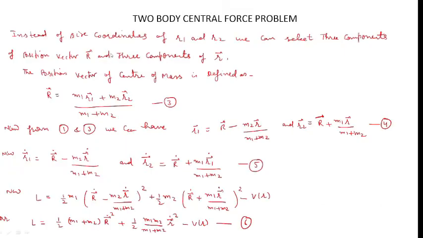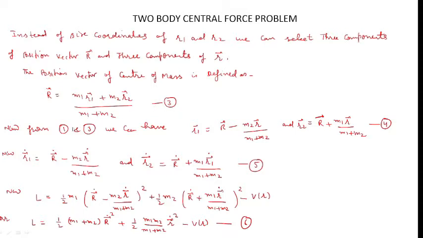Alternatively, instead of the 6 coordinates of r1 and r2, we can select 3 components of the center of mass position vector R and 3 components of the vector r. You also know that the position vector for the center of mass is defined as R equal to m1 r1 plus m2 r2 upon m1 plus m2. Let us say it is equation number 3.